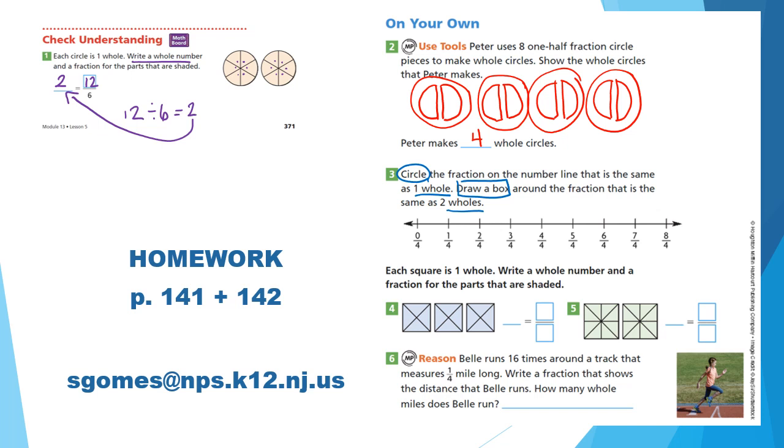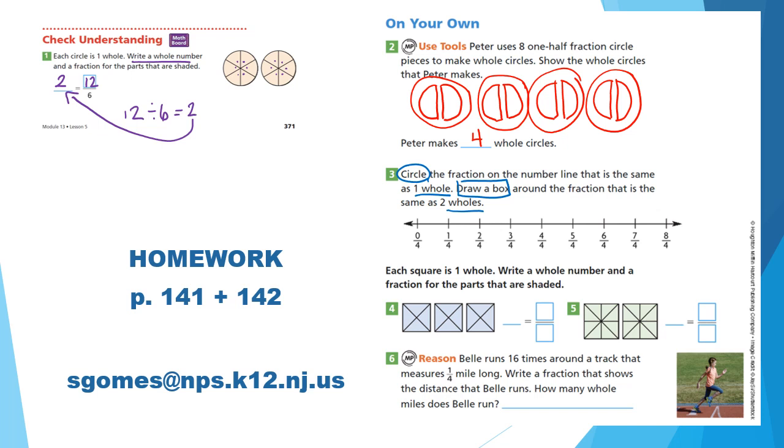Okay, so the first one says circle the fraction that shows 1 whole. Well, I know the relationship between numerators and denominators. The numerator tells me how many parts I'm counting. The denominator tells me how many parts are equal in 1 whole. If I want 1 whole, then I want my numerator and my denominator to be the same.